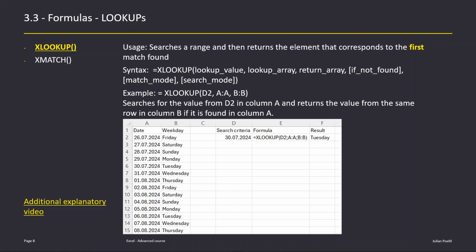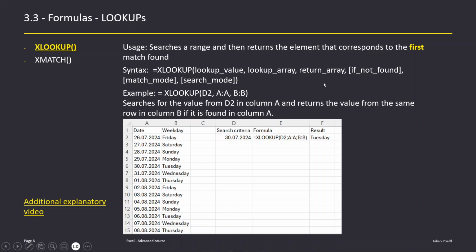And how does this function do that? You need to give this function a lookup value. This could either be text written in quotation marks, a reference to a cell, or a number. Then you need a lookup array where this lookup value should be found, and then a return array.